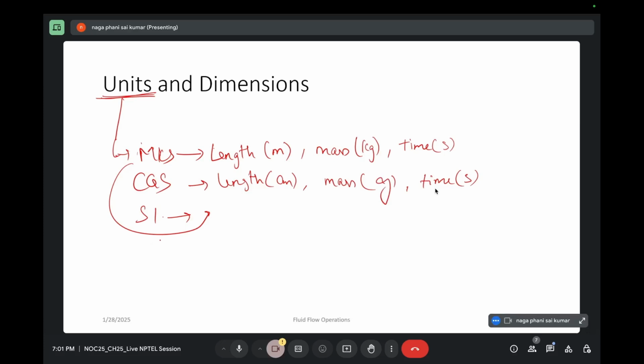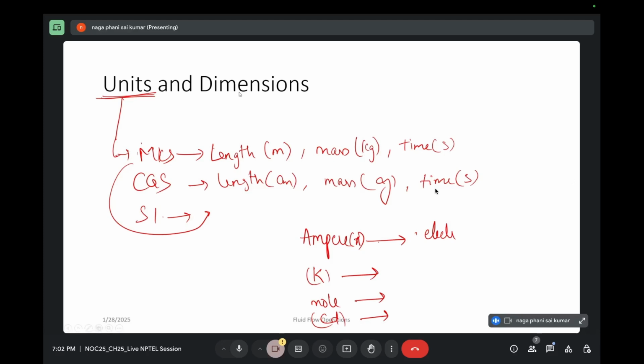Okay. So similarly, we also have units for other parameters like ampere, this is for measuring electrical current. Okay, and Kelvin for measuring temperature, moles for measuring the quantity of matter, and candela for measuring intensity of light.